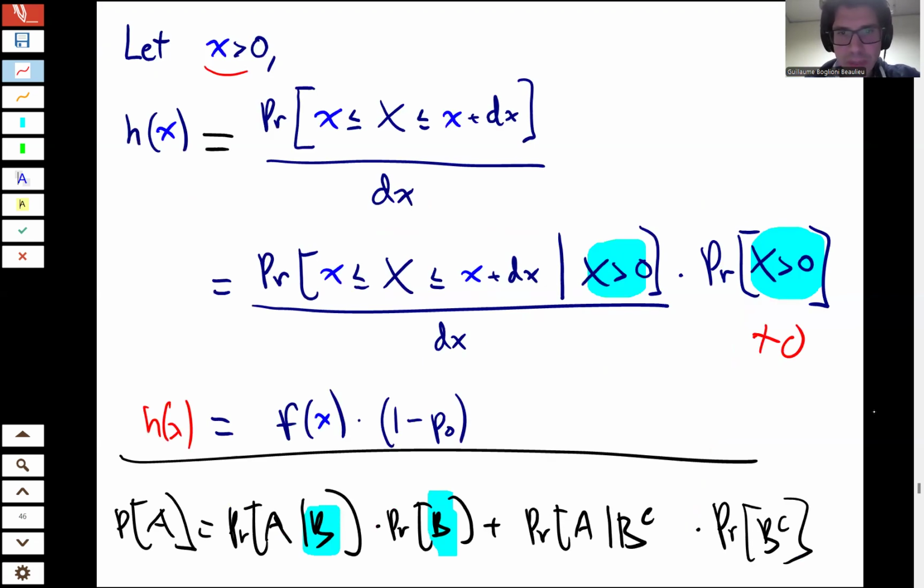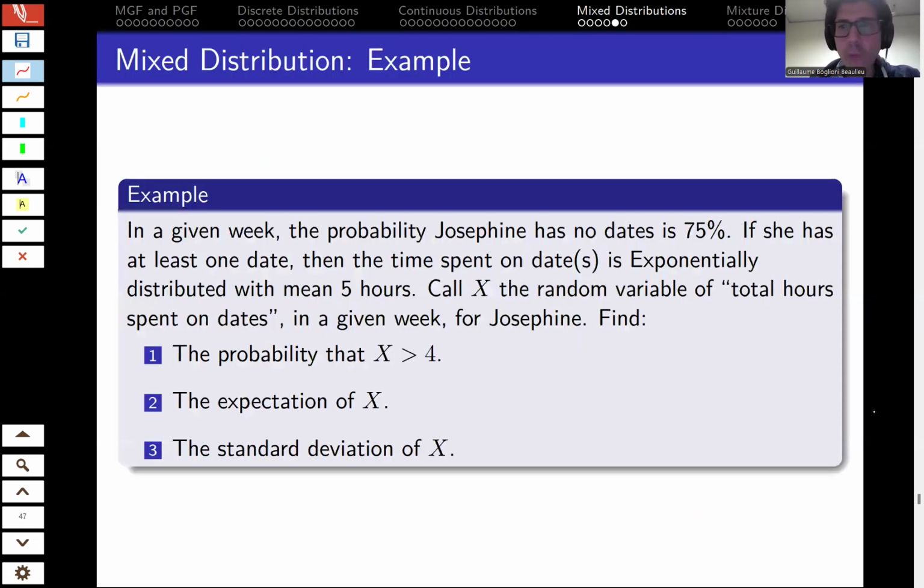If this is all a bit abstract and theoretical, hopefully a real life example will help. The example involves our friend Josephine, who is still in her quest for love. She's still going on dates. The probability Josephine has no dates in any given week is 75%.